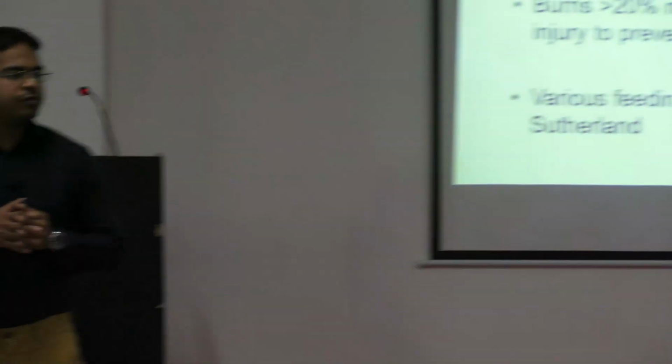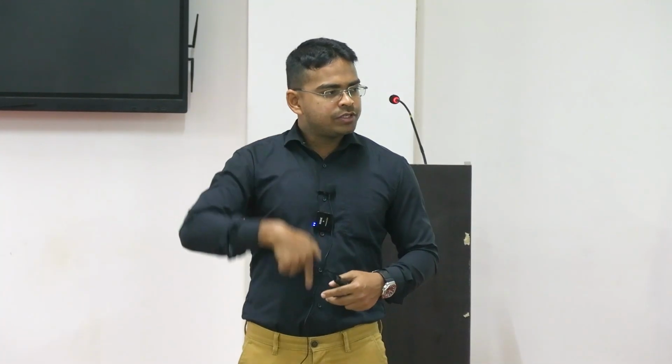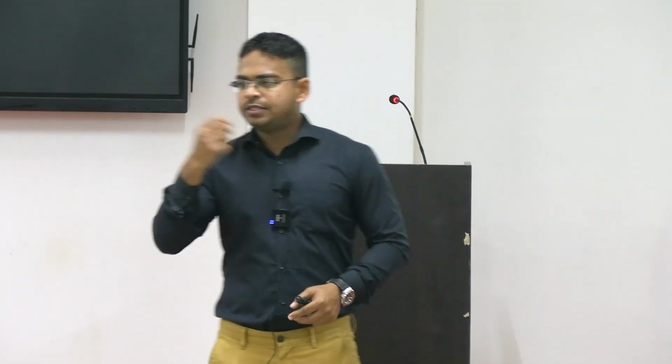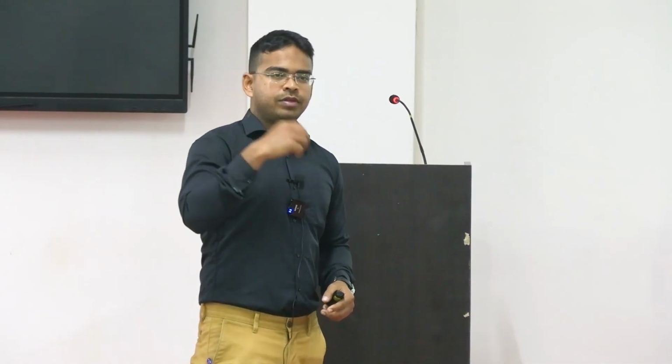We put a pipe through the nose into the esophagus, then we reach till the stomach. When we reach the stomach, that is called a nasogastric tube. When you reach the jejunum, that is called a nasojejunal tube. So through these tubes we provide nutrition to the patient.